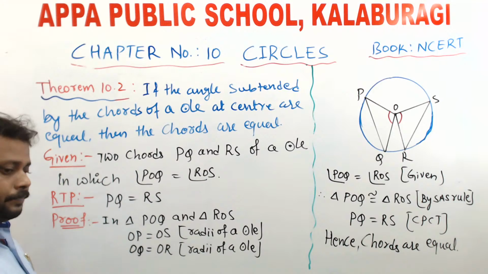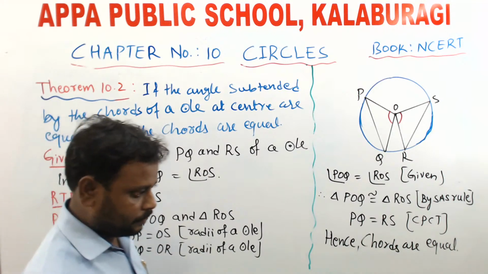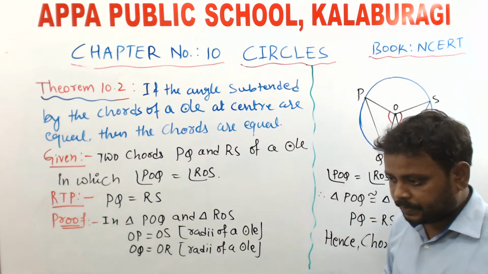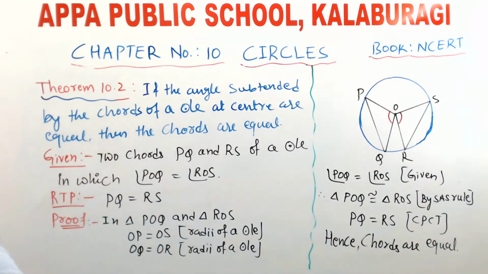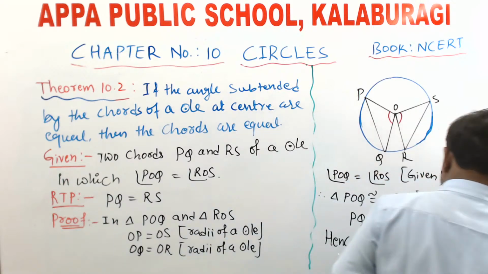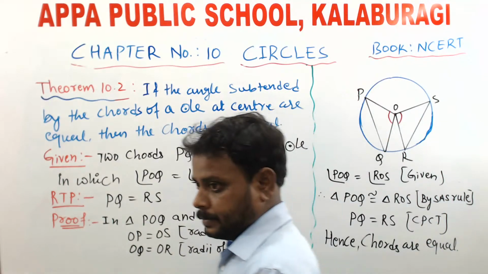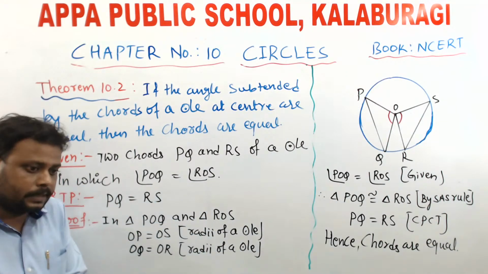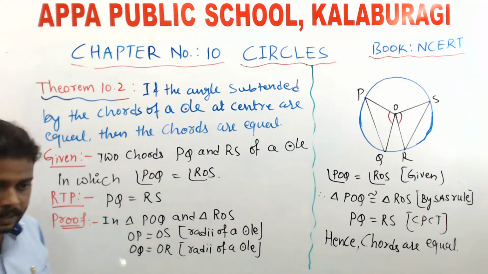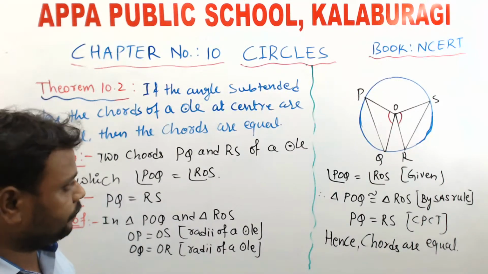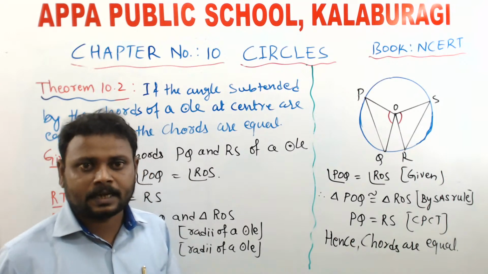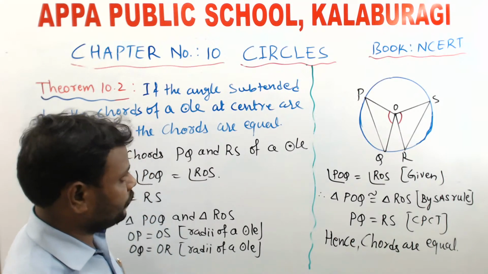Okay, so we have completed theorem 10.1 and 10.2. Slowly we will move to exercise 10.2. In the exercise 10.2, listen here. What we solved in theorems 10.1 and 10.2 is the basis: one example is related to theorem 10.1 and one example is related to theorem 10.2.